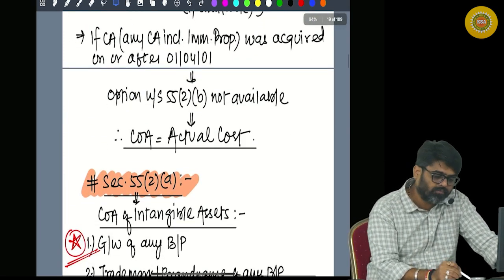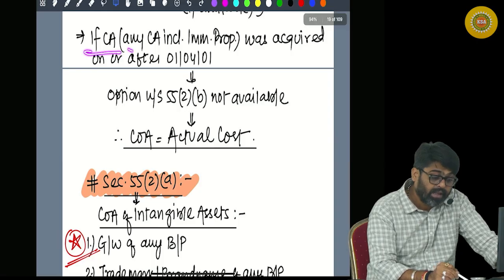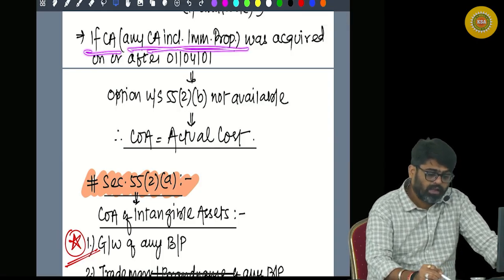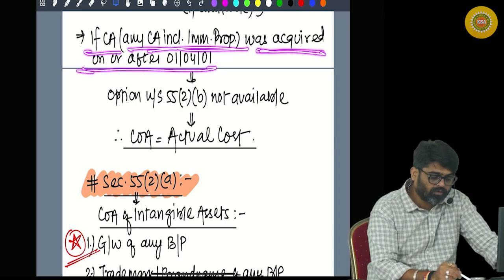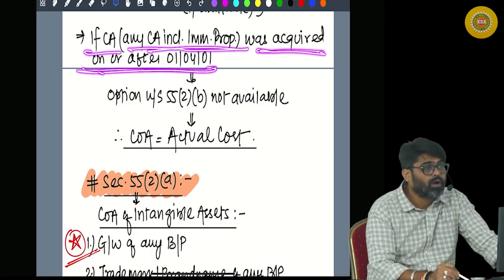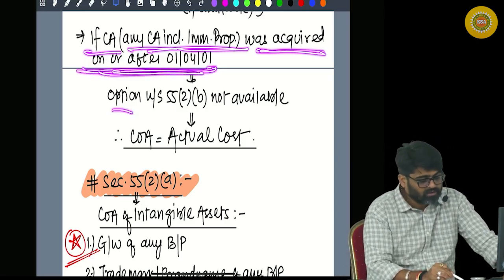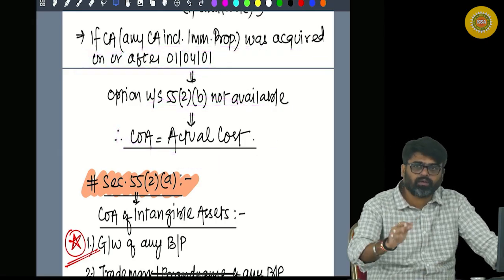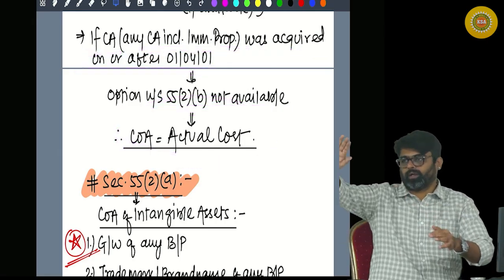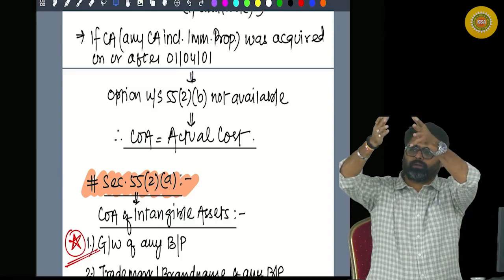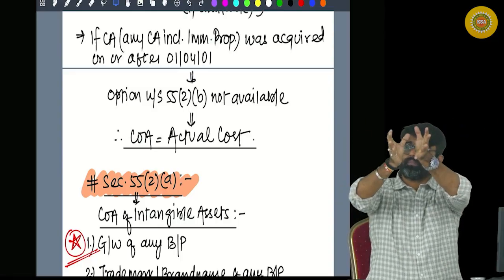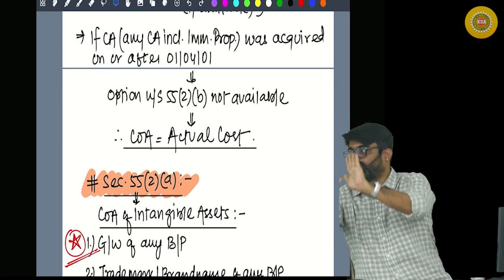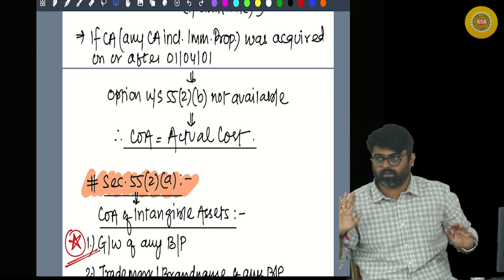Okay. Next one. If a capital asset, any capital asset, was acquired on or after 1st April 2001, then this option is not available. Then the cost of acquisition will be, for any capital asset other than immovable property, either actual cost or fair market value, whichever is higher.